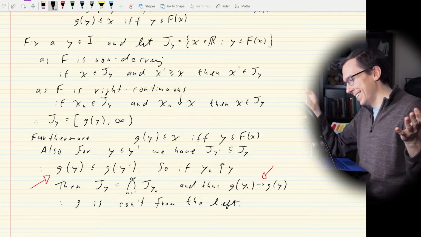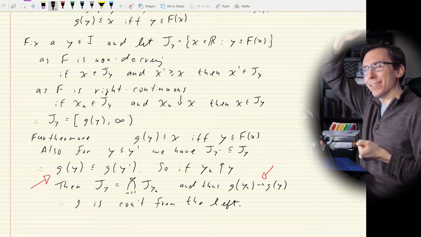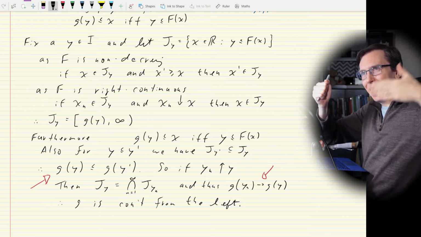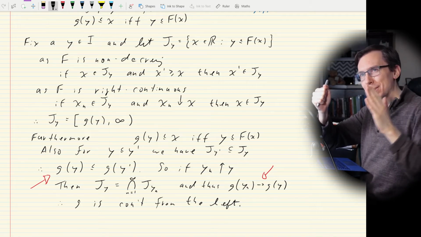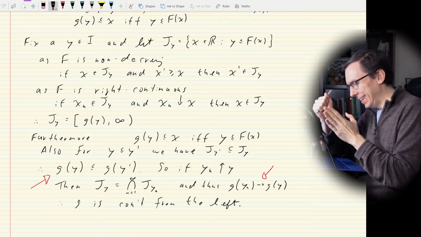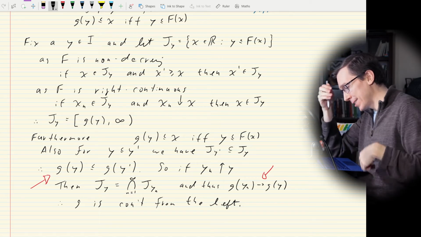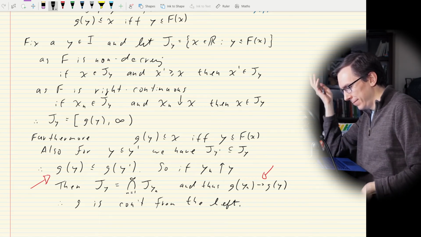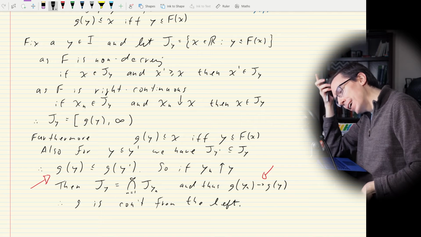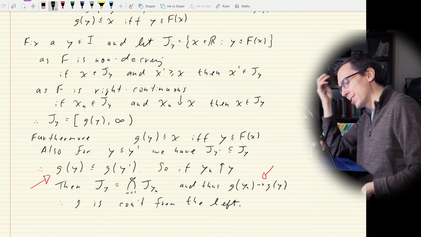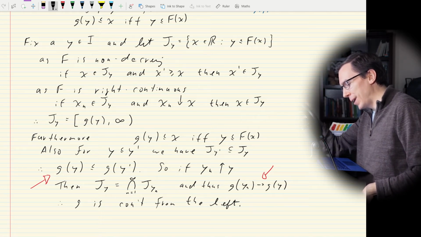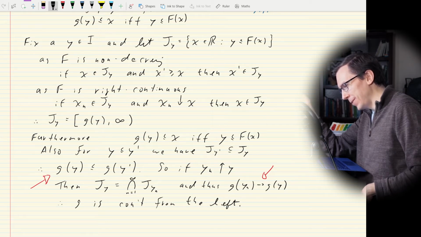So I guess if you think about that horizontal or the vertical axis, turn it on its side. As you increase, the y's are going to converge to something in that set. Yeah, I guess we're not really enforcing. I mean, the y's are just defining jy, and jy is defined in terms of f, and then, yeah, of course.